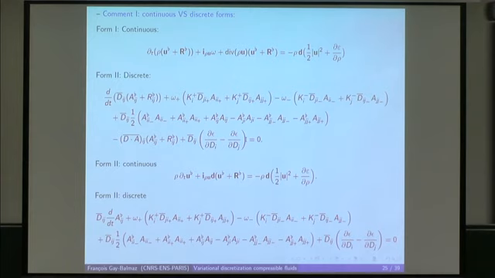So the explicit form of these expressions is not important. It's a little bit heavy, but the message I want you to pay attention to is that we don't discretize the equations themselves. We discretize the variational principle. Then we get some expressions, and we recognize that these expressions are the discrete version of some form of the equation.